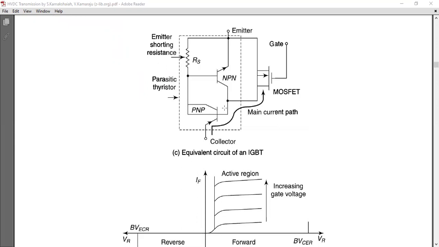It reduces the series resistance to a small value. So now IGBTs will be operating at high current densities.